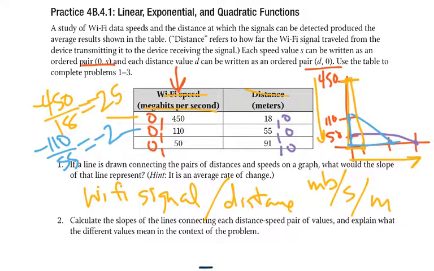Then for the last one we go down 50 and out 91, so negative 50 over 91, which gives us about negative 0.55, about negative 1/2. We'd lose 1 megabit for every 2 meters. That's what it would mean according to the context of the problem.